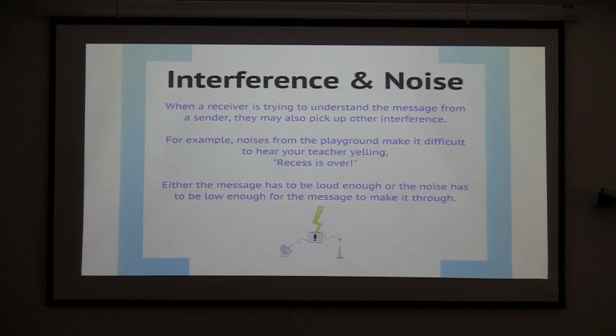One of the examples one of our engineers gave us is like with a dam for water. Either the river has to be high enough to go over the dam, or the dam has to be low enough for the river to make it across. If the dam is taller than the water, then obviously the water would be stopped. Same thing works with communications.